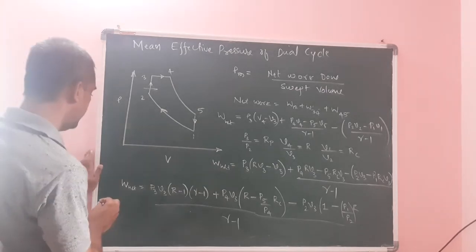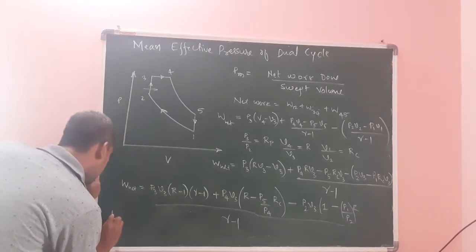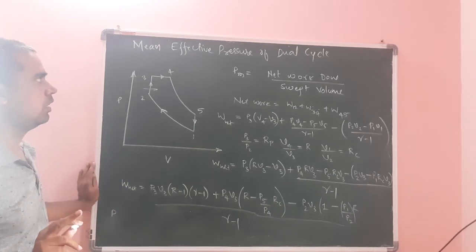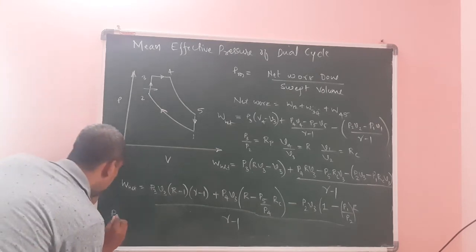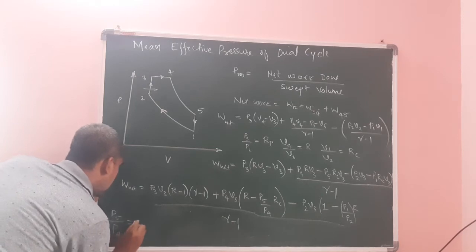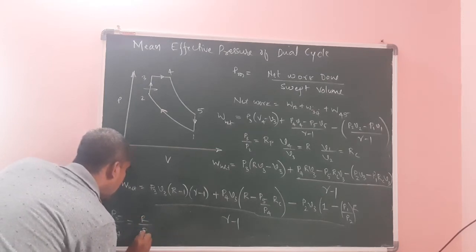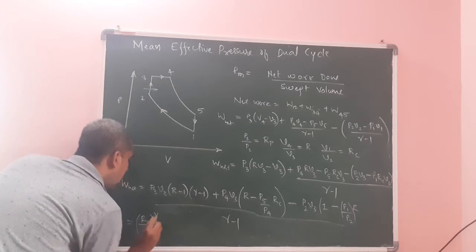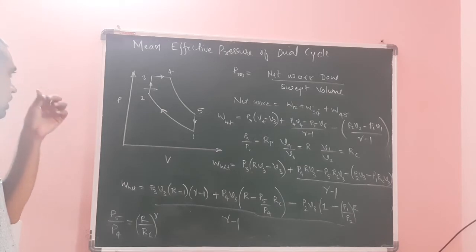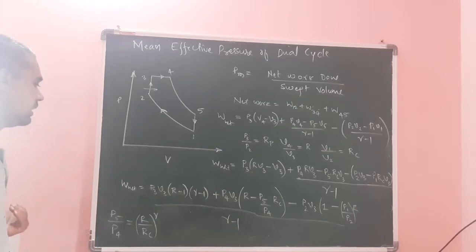P5 by P4: this we have done for the Otto cycle or diesel cycle. Therefore, I will write directly P5 by P4 equal to R divided by RC raised to gamma. We can derive this because P4 raised to gamma equal to P5 raised to gamma. Using that we can write like this.